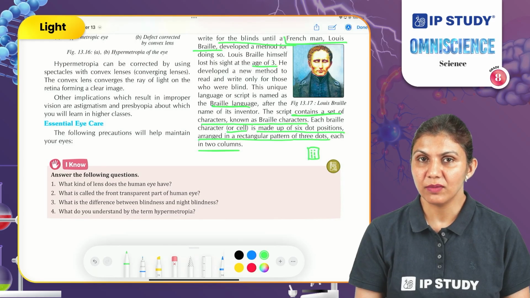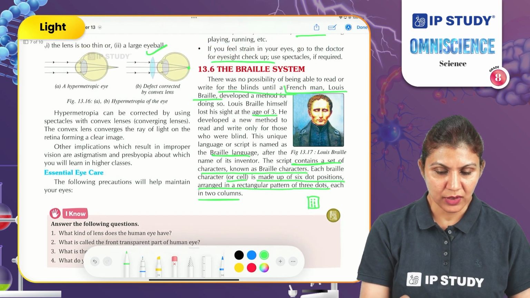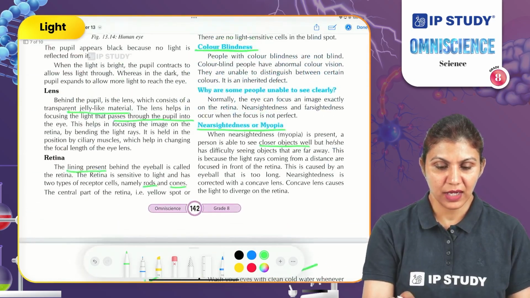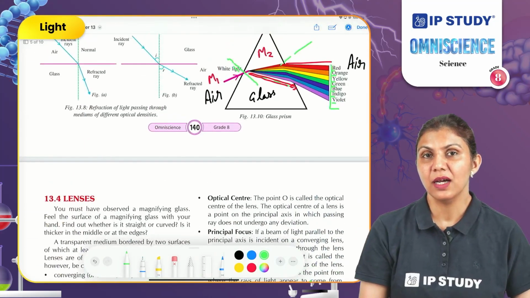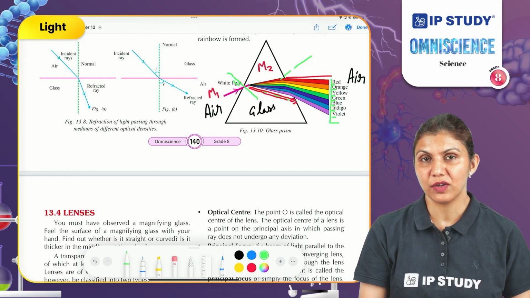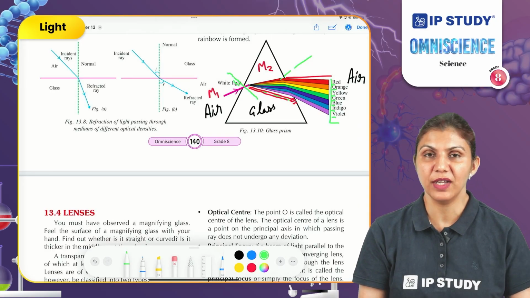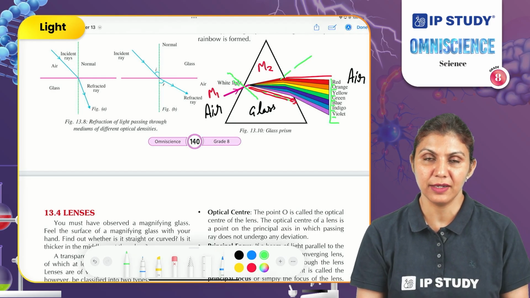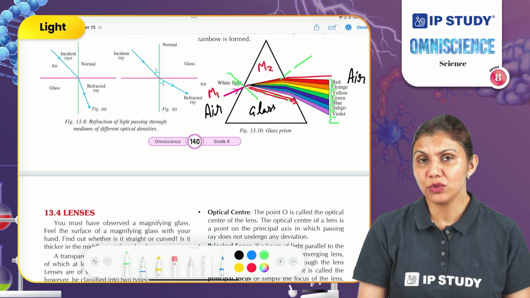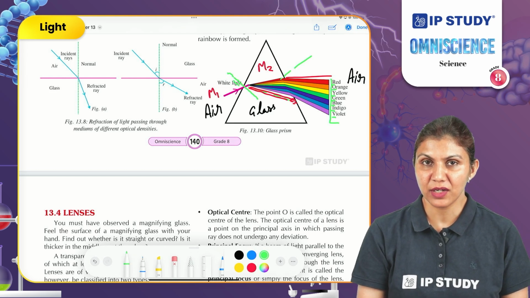Okay, so in this chapter we understood how light behaves in different mediums, how it is reflected from different types of surfaces, and how it is bent when it is moving from one medium to the other medium. How can we use this phenomenon of light in different applications in our life?